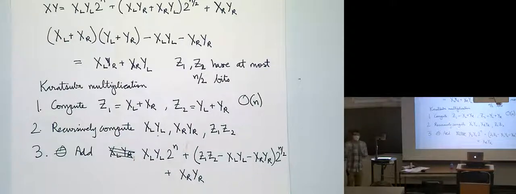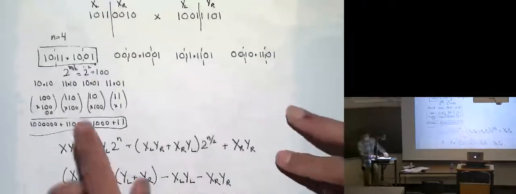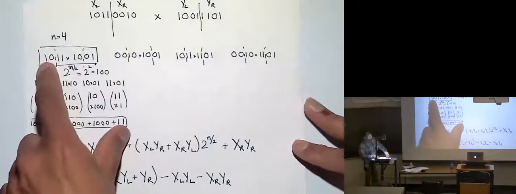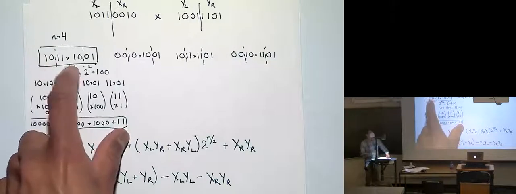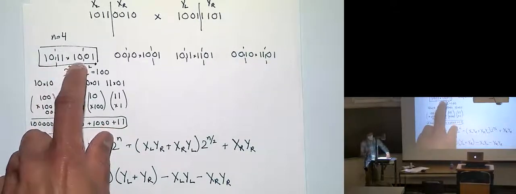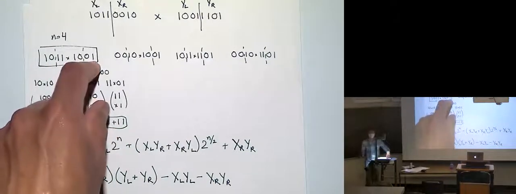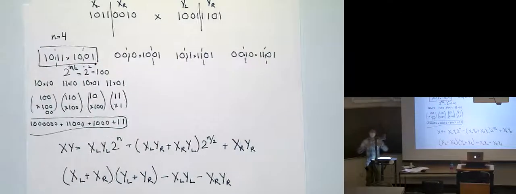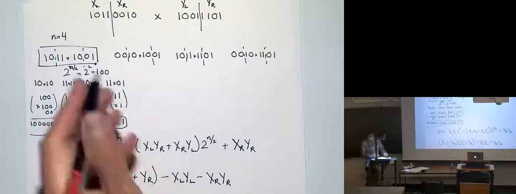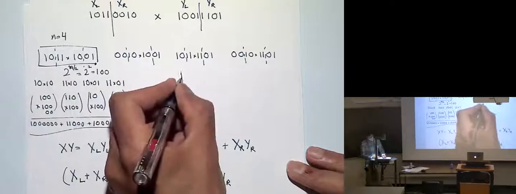So think of it as what you're doing in this example here: 10 plus 11, whatever. 1, 0 plus 1, 1. And 1, 0 plus 0, 1. And then you multiply those things together. So maybe the way to think of it is, let's go back to this example here.